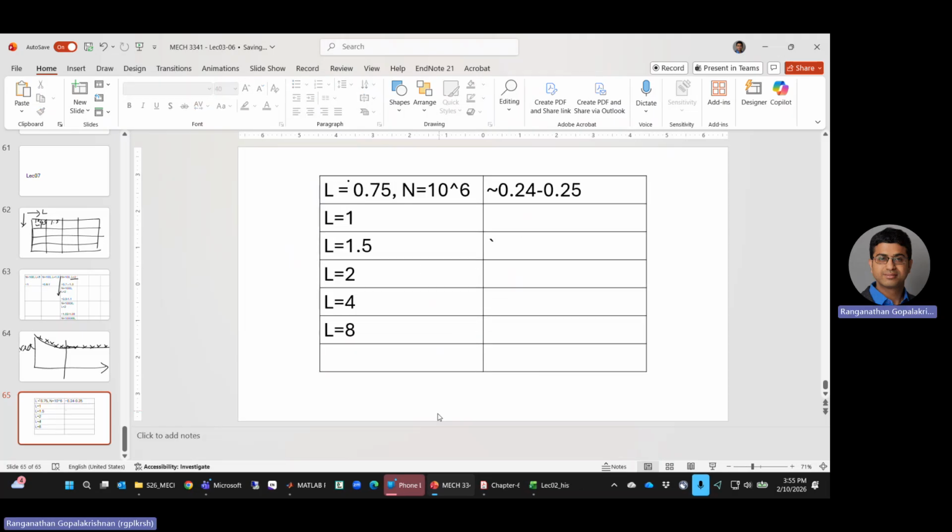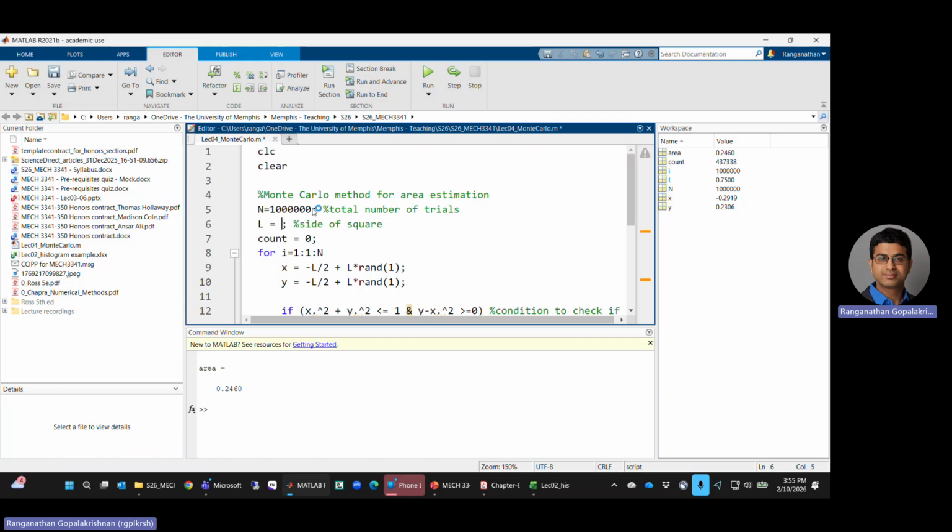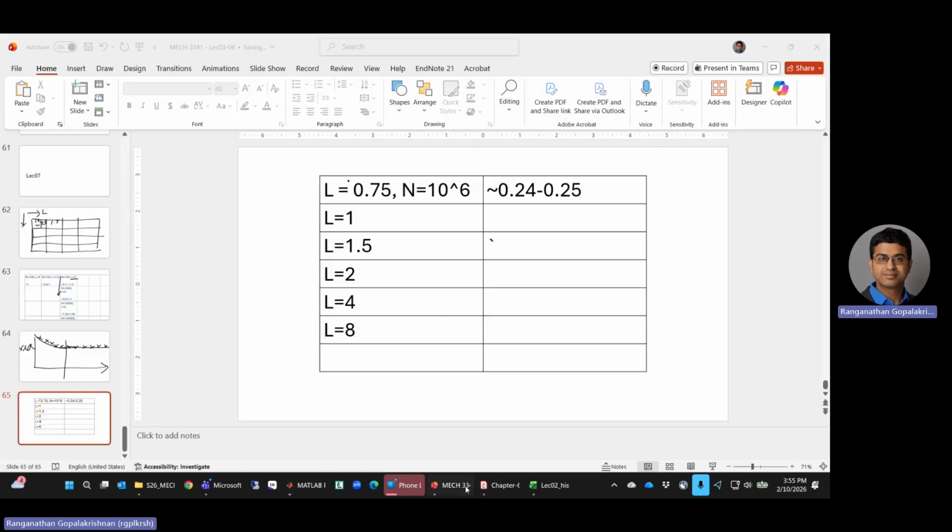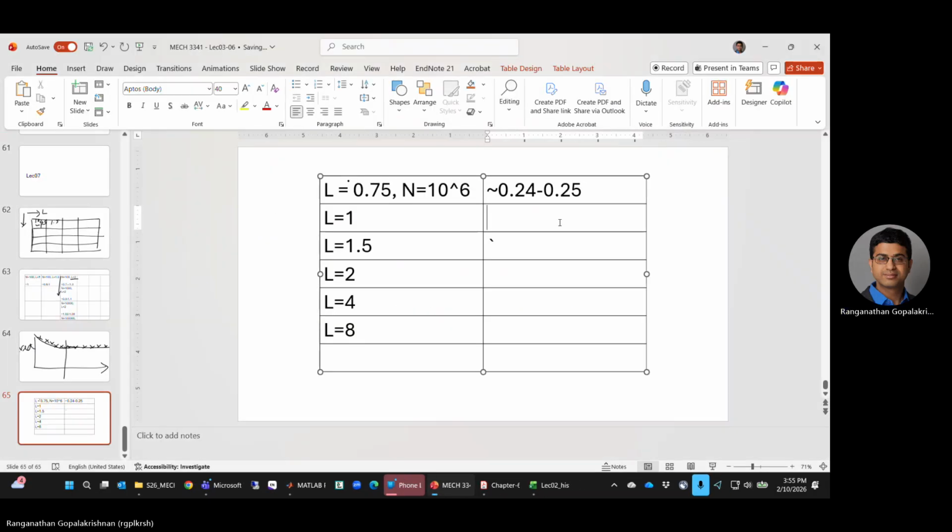If I take the same code and run it with L equals 1, I'm getting 0.41 to 0.42. Are you with me so far? Is this your experience also by running the code for L equals 0.75 and L equals 1?